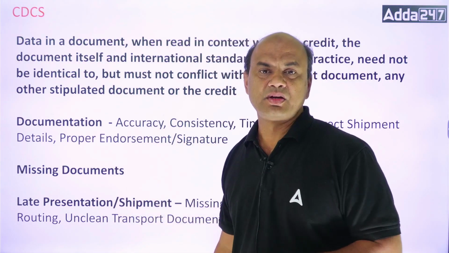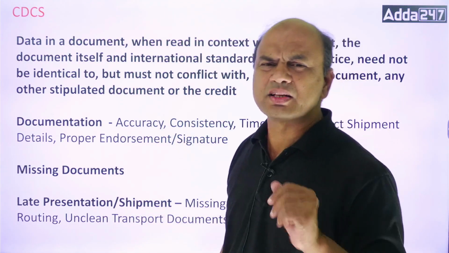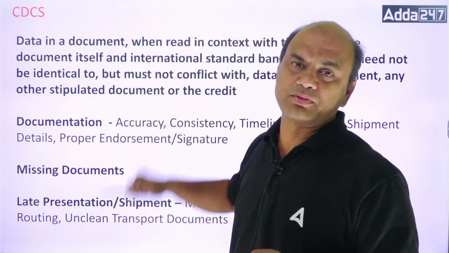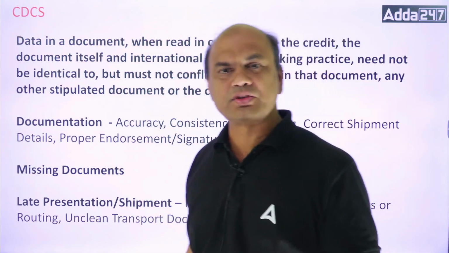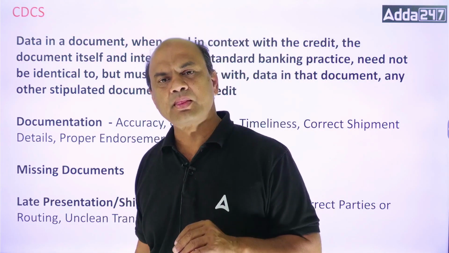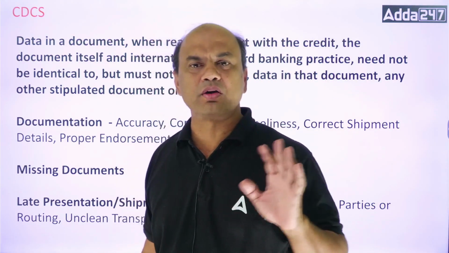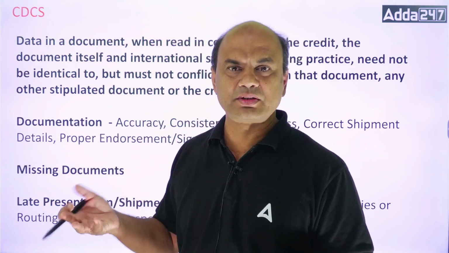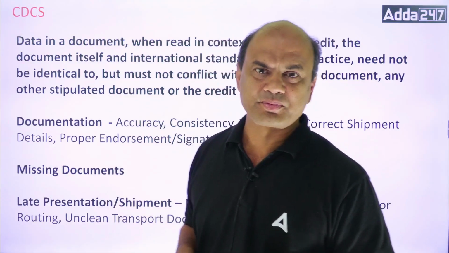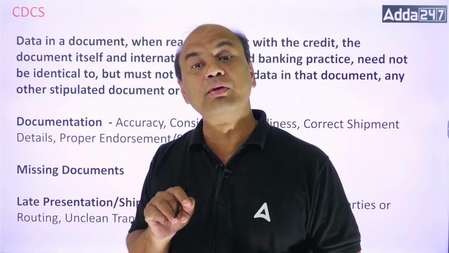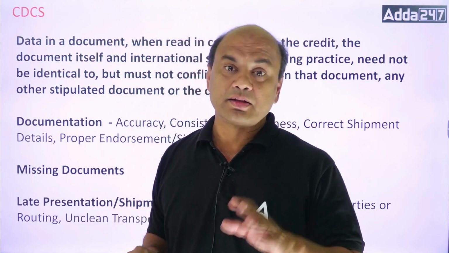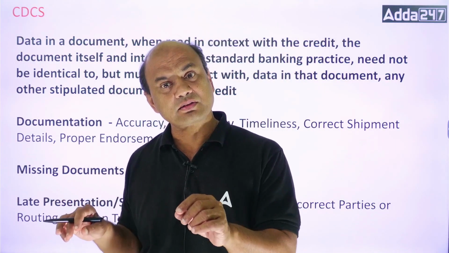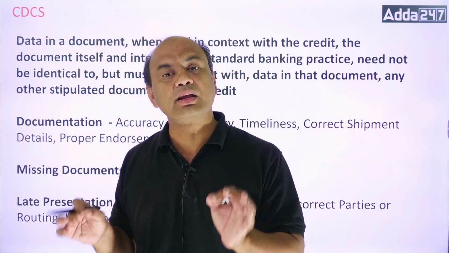Accuracy. The document should be accurate. Accurate in the sense of what? Read it above. Accuracy means whatever is given in the credit should be there. For example, the credit says partial shipment not allowed, and your transport document shows that partial shipments are happening, or that partial shipment will take place. There are many BLs and MTDs which clearly mention partial shipment will take place.